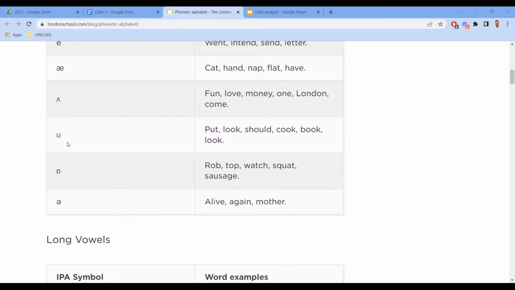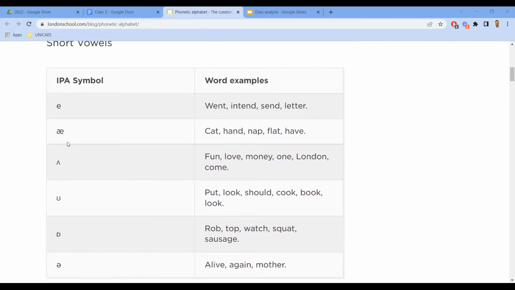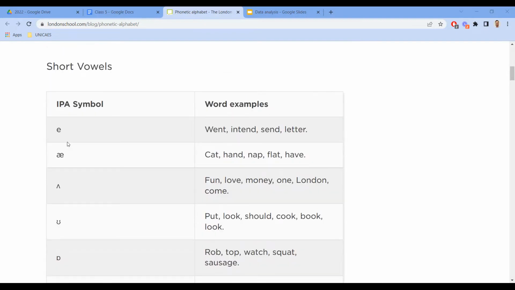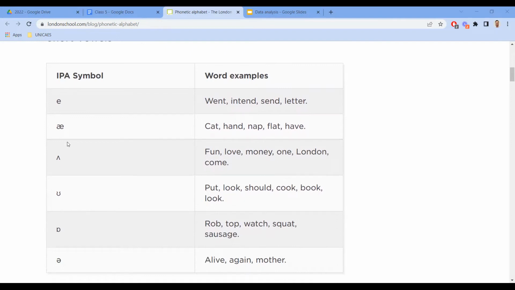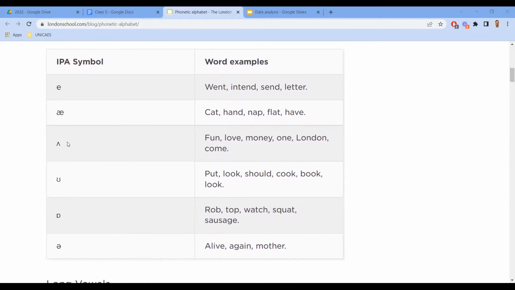Obviously, as you may remember from your previous classes in your university, there are spelling rules for each vowel. Knowing the symbol will help you a lot when you want to work out how to pronounce these words.